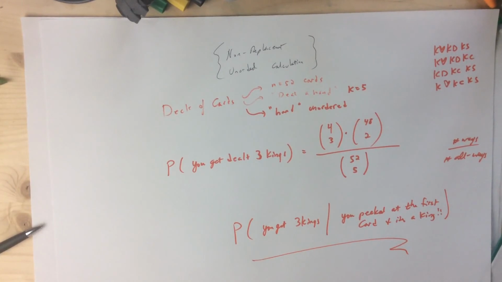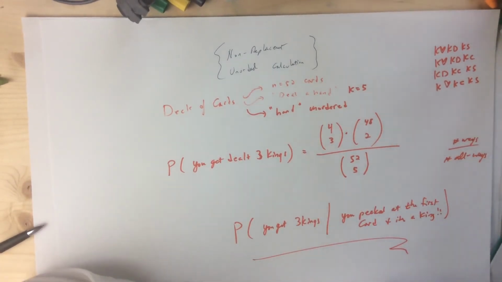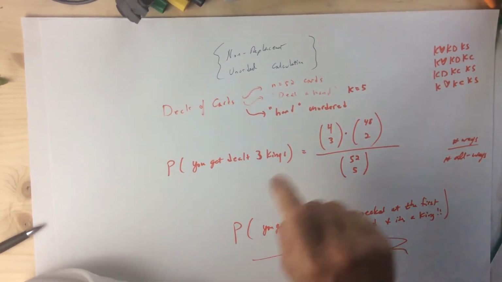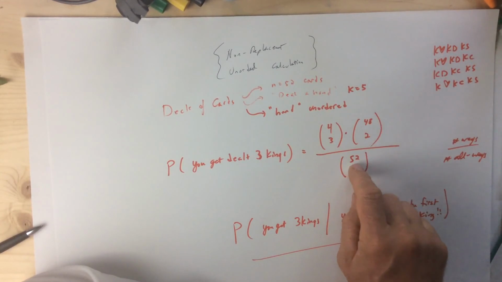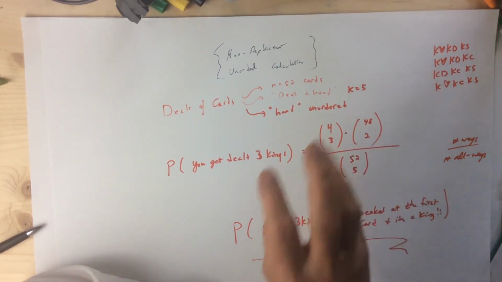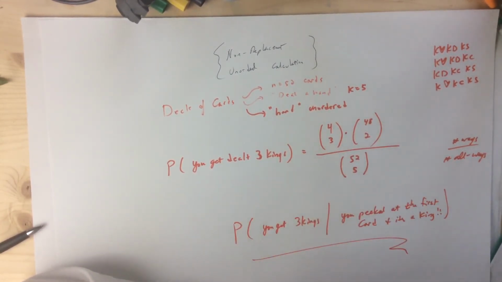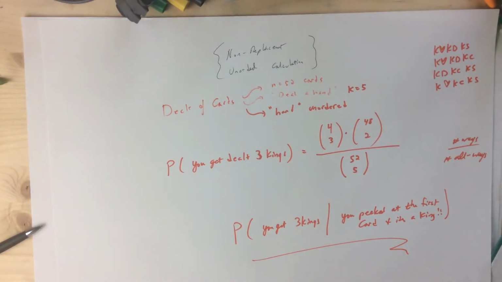Can you do that? By the way, this probability calculation here is called the hypergeometric. It's a wonderful calculation. I'd like you to notice that the 4 and the 48 add up to 52, the 3 and the 2 add up to 5. We're going to be working with this probability calculation frequently. All right. Well, 5th time's a charm, let's see.